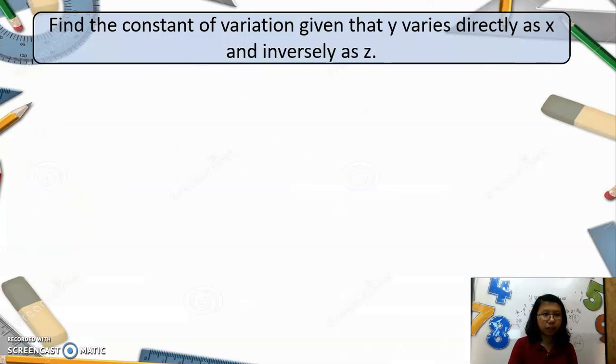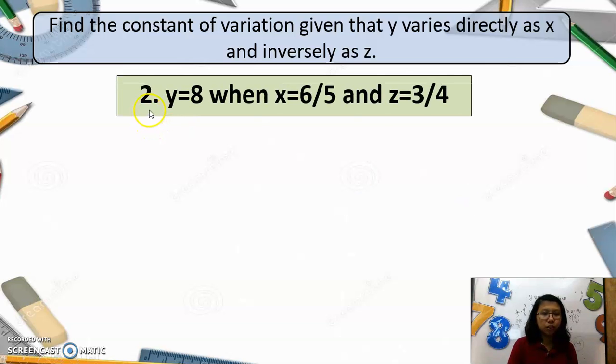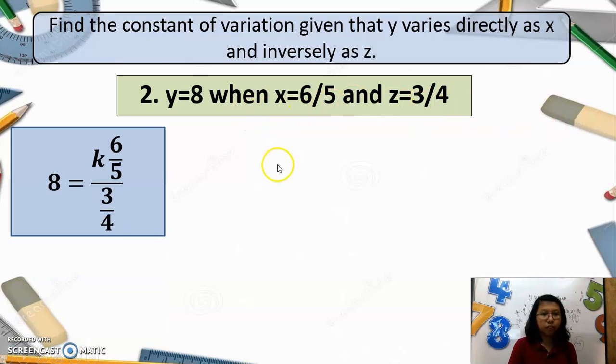And then last one, we have here, find the constant of variation given that y varies directly as x and inversely as z. So y equals 8 when x is 6 over 5 and then z is 3 over 4. After substitution, we will have 8 for the value of y and then k multiplied by the value of x, which is 6 over 5, and then over the value of z, which is 3 over 4.